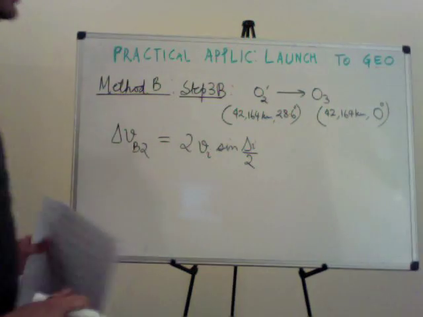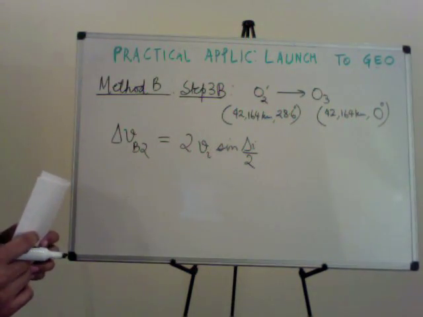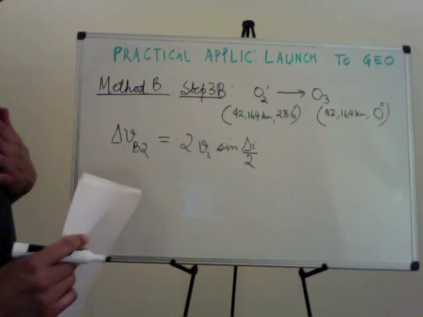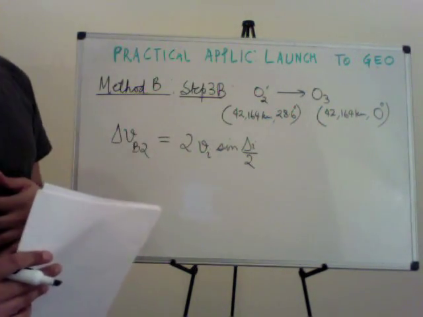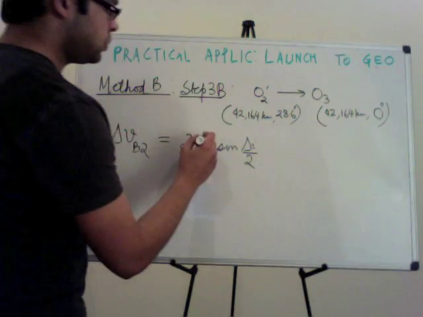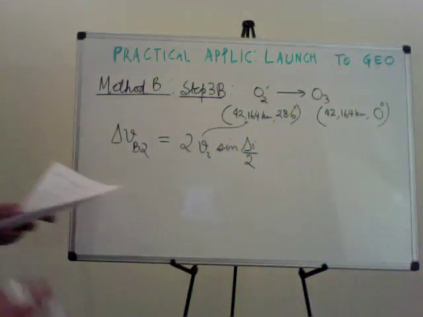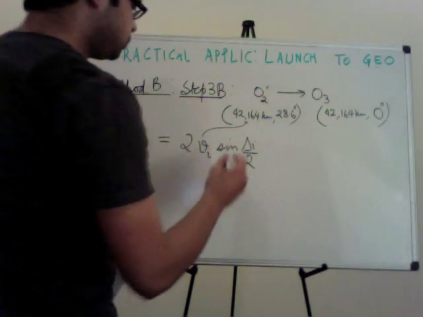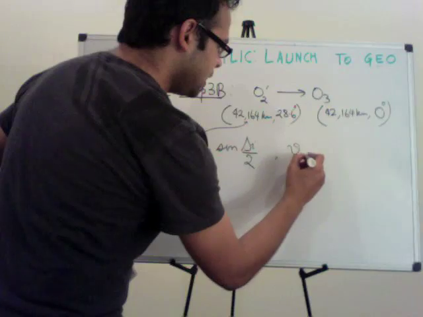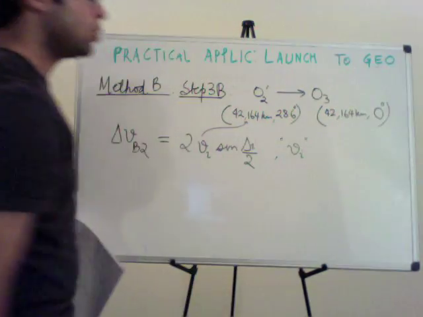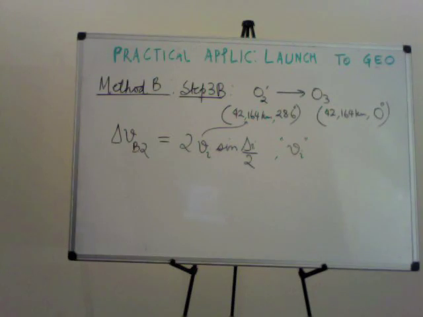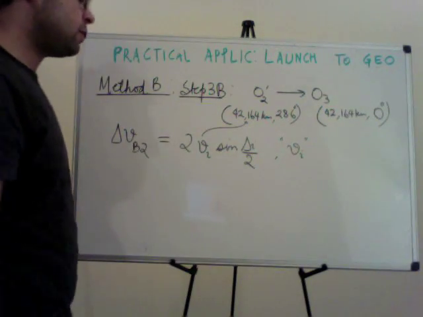See, this Vi is the speed on the initial orbit. The initial orbit here is O2 prime, right? O2 prime corresponds to this radius. So Vi, I want to say under quotes, because this is not the same Vi as before, right? Where we were talking about O1.